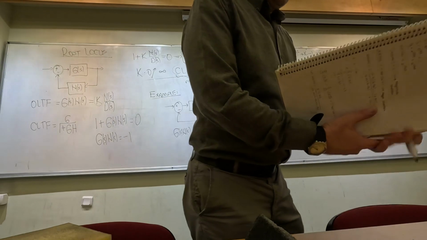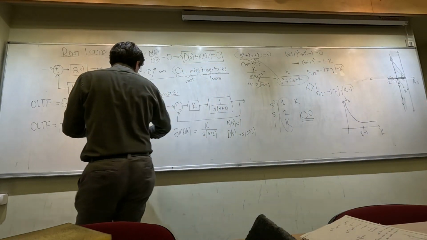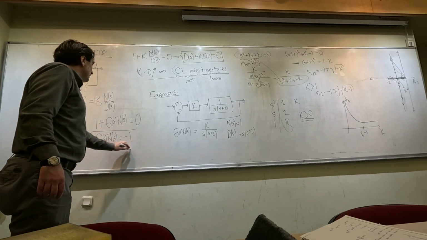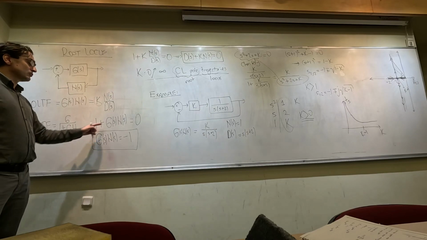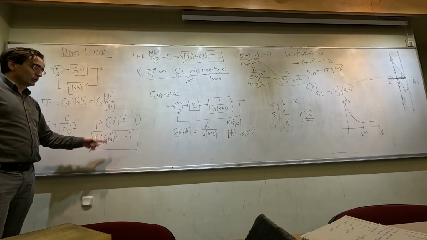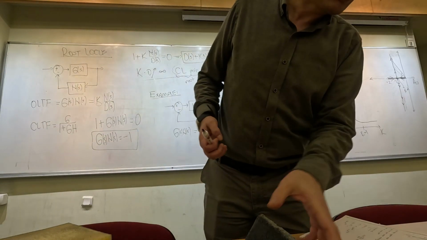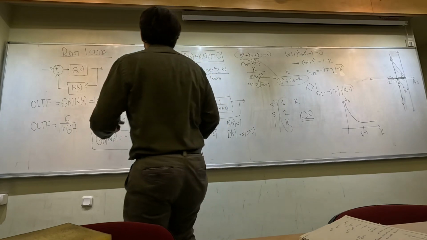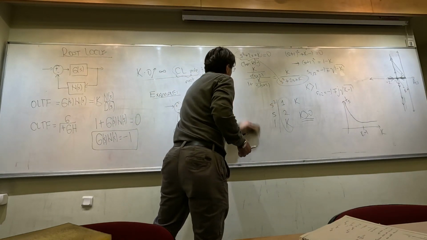And in those approximations, we are going to try to solve equations of this form. And this GH is going to have some higher order terms, a ratio of two high order polynomials, and then we are going to try to come up with a way to draw this Routh locus approximately.